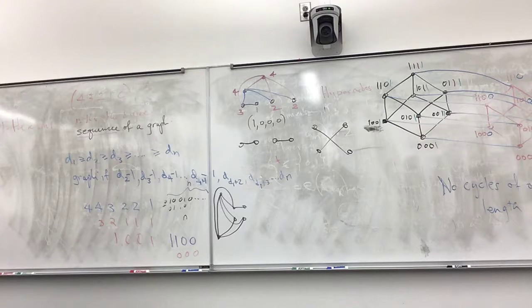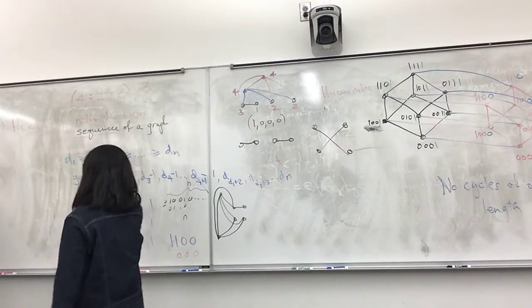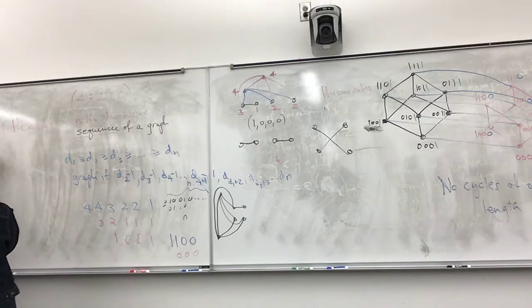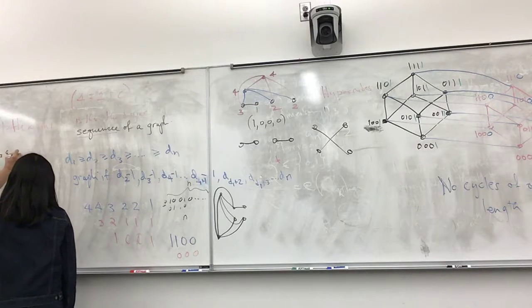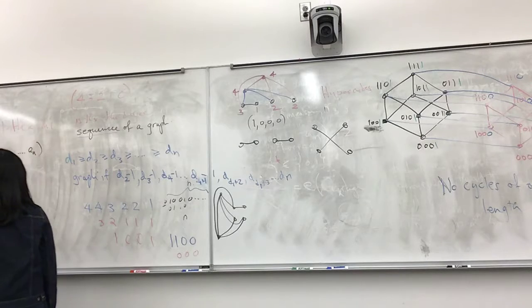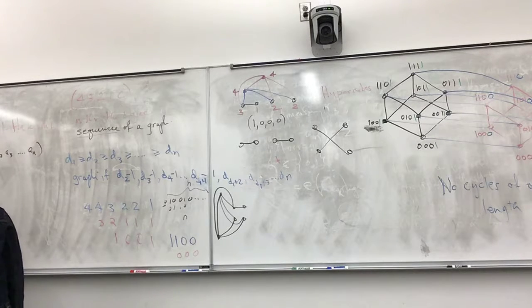You want to know how to show that. Okay, this is the label for one of the vertices, and these are all zeros and ones.